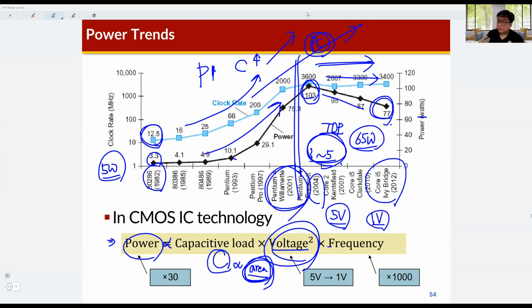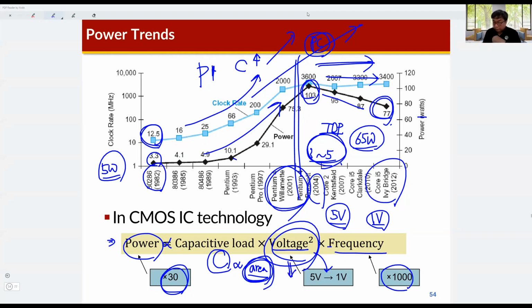So this voltage is reduced. How about the frequency? As you can see, frequency increases about 1,000 times. So the power is just increased by 30 times because we can reduce this supply voltage.